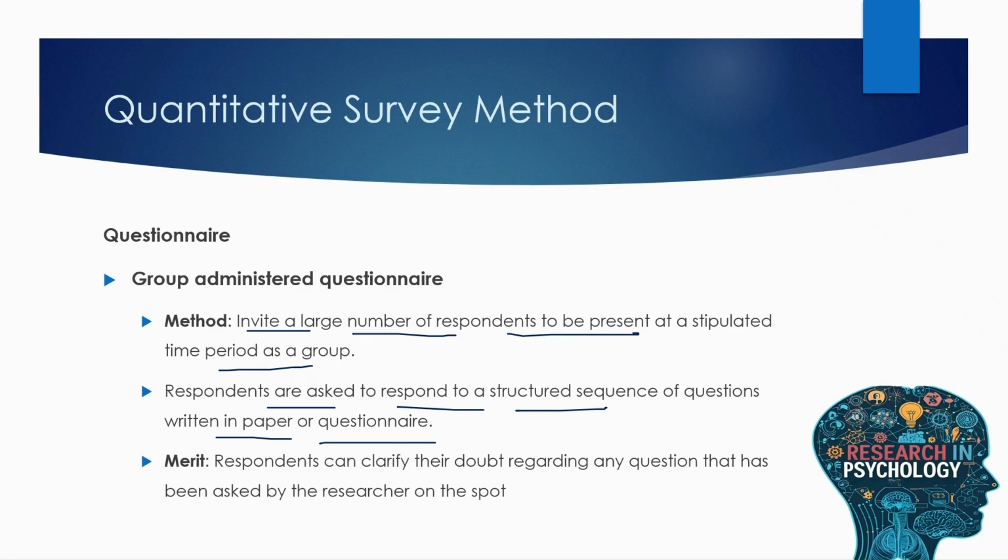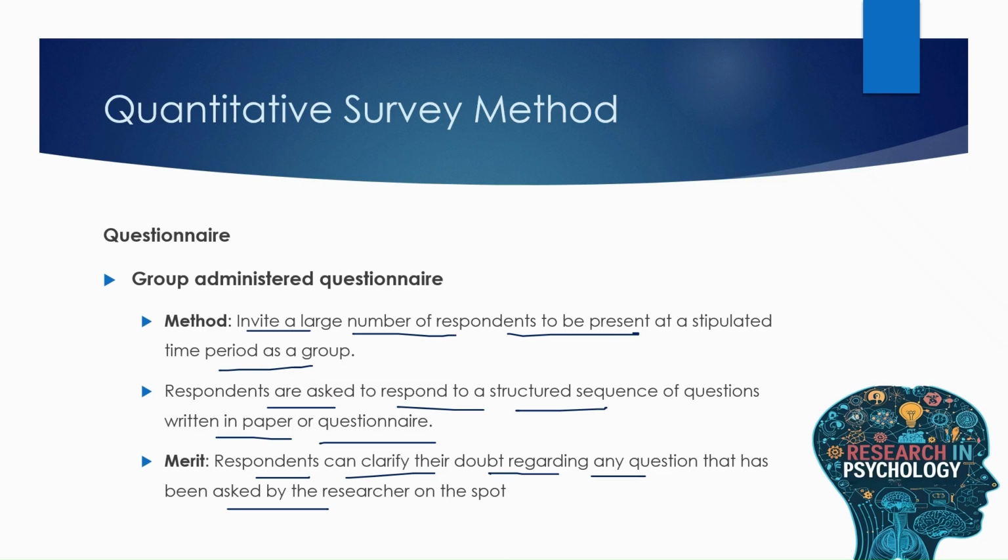And the merit of this method is that the respondents can clarify their doubt regarding any question that has been asked by the researcher on the spot, right? So the mail survey, the demerit was that if the researcher has any doubt on the responses, it will not be easily clarified. But at the same time, there also this demerit is that while reading the question, if the respondent has any doubt, that will not be clarified. So then there may be a lack of understanding about the question exactly as to what the researcher is trying to ask, and there might be a gap in what the respondent is understanding from the question.